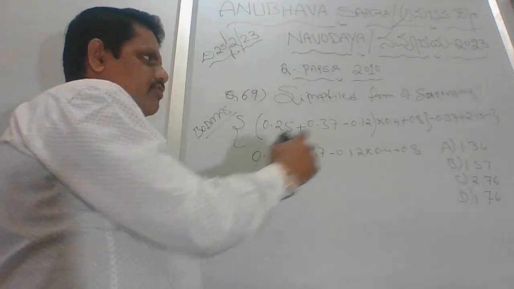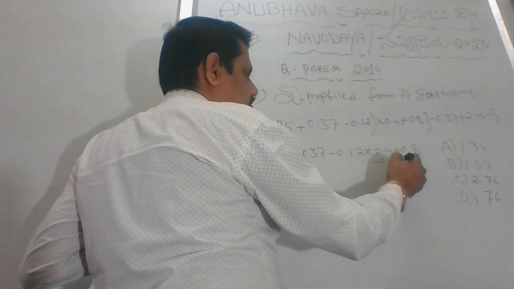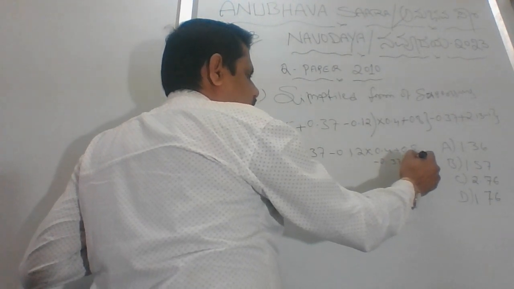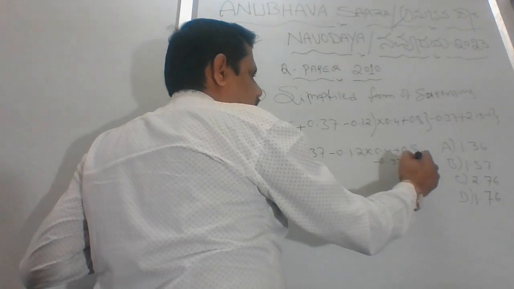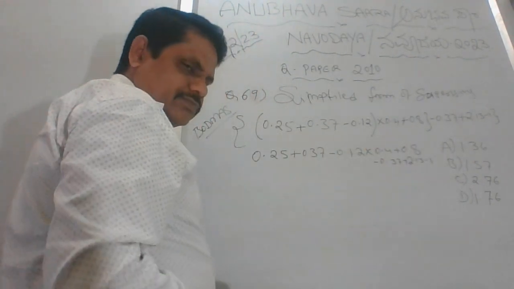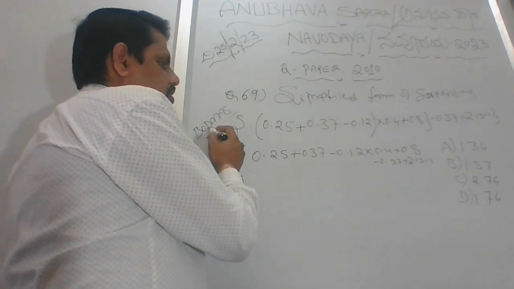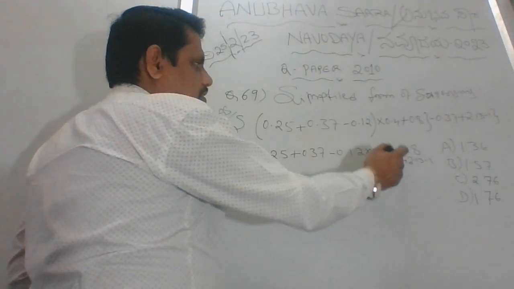The board is small, that's why I'll write below this: minus 0.37 plus 2.13 minus 1. Okay, so now, we don't have division here.